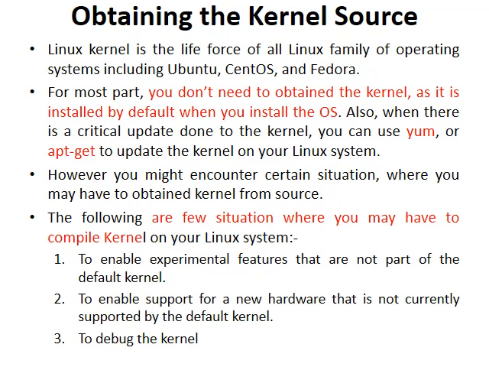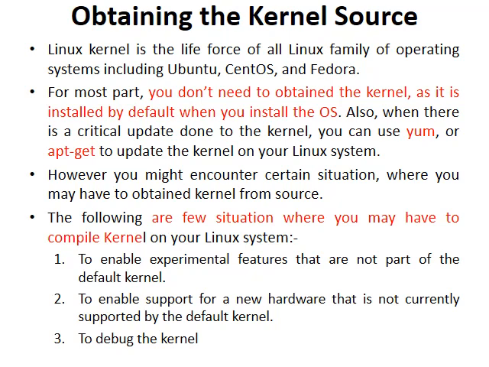The second is to enable support for new hardware that is not currently supported by the default kernel. As you are already aware, the specific source code associated with the kernel can be executed on a particular system, and we can generate the executable or binary file for the specific hardware.